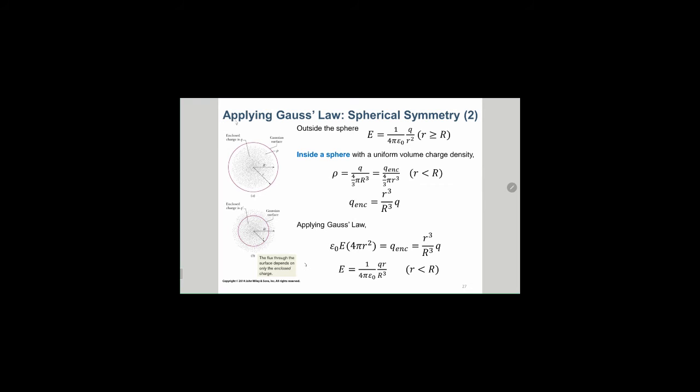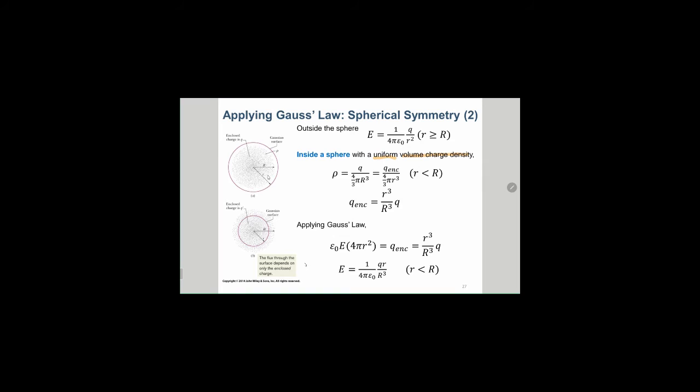But here we assume that this is an isolated, non-conducting sphere, so we just assume that the charge density over this sphere is uniform. So we have a uniform volume charge density, which we define as rho. We try to determine the E field outside and also inside the sphere.